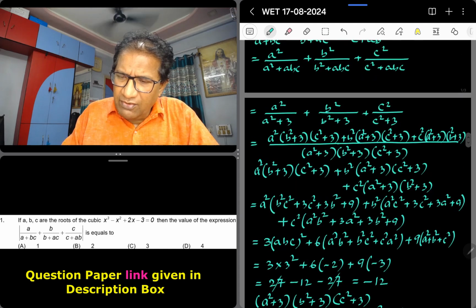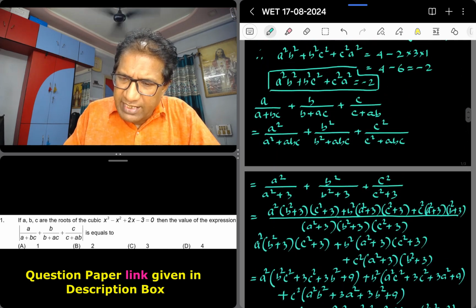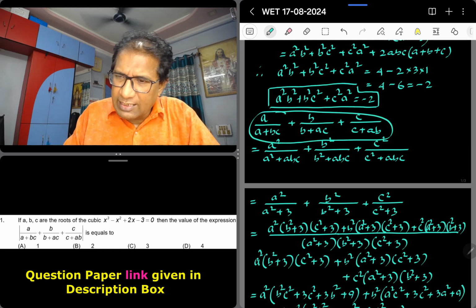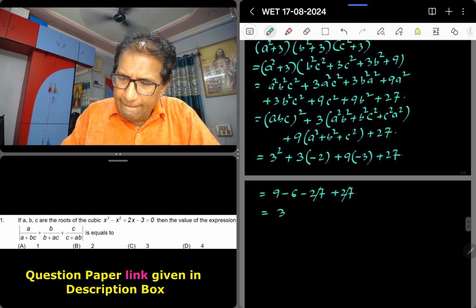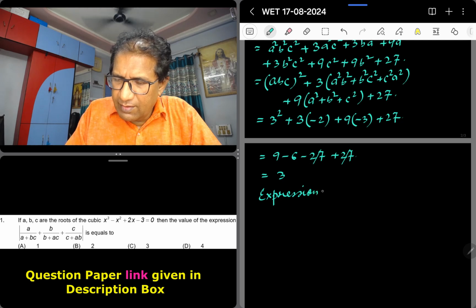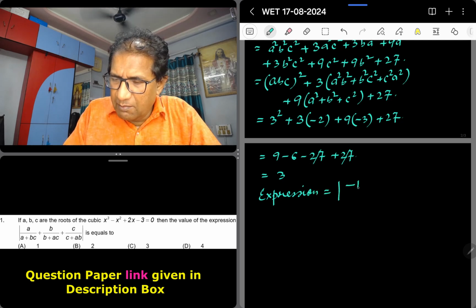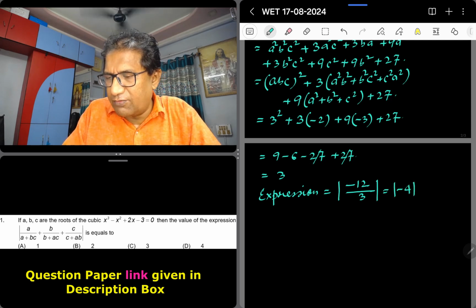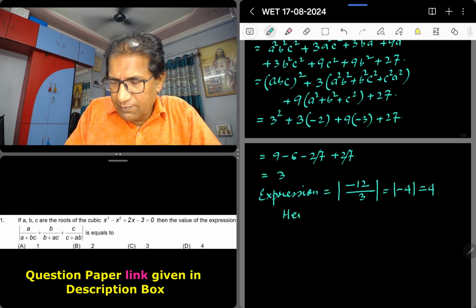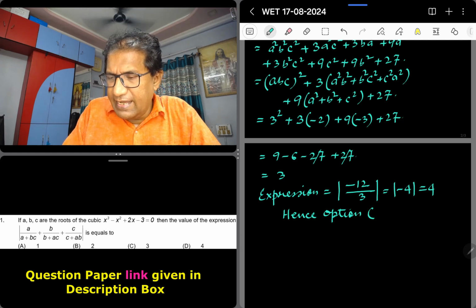Therefore, the given expression becomes, with a mod sign, minus 12 over 3, that is modulus of minus 4, that is 4. Hence option D is correct.